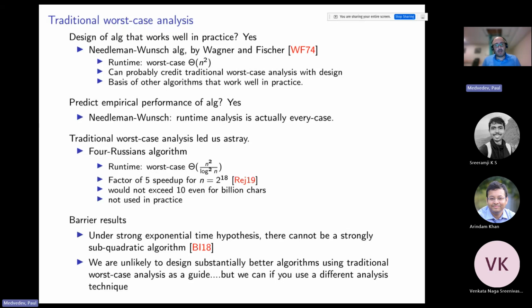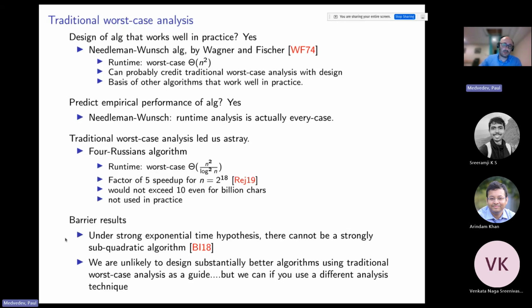Now, arguably, there's not much more that can be gotten out of this kind of analysis for edit distance. There are barrier results that under the strong exponential time hypothesis, there cannot be a strongly subquadratic algorithm.